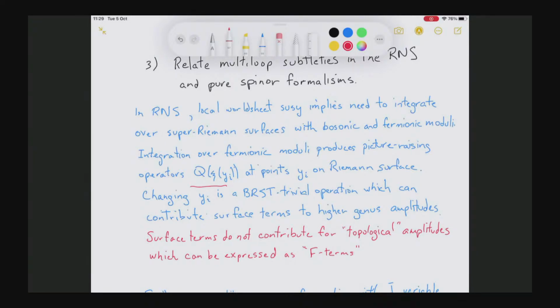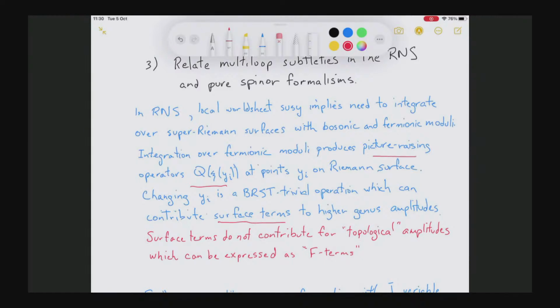Yeah, I think so. That's essentially these subtleties that I was mentioning. One way to think about this non-splitness is these surface terms. The point is that in the relation between integration over the fermionic moduli and the picture raising operators, if the space is split, then it's trivial to understand how to work with the picture raising operators.